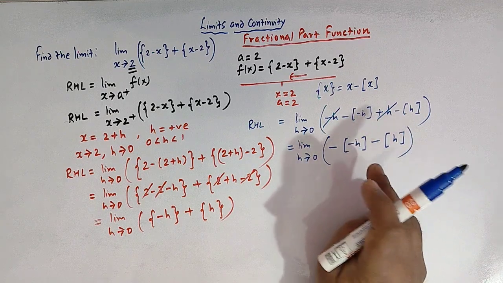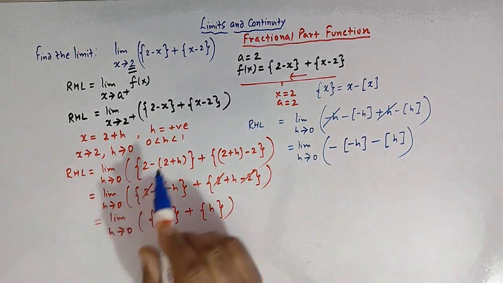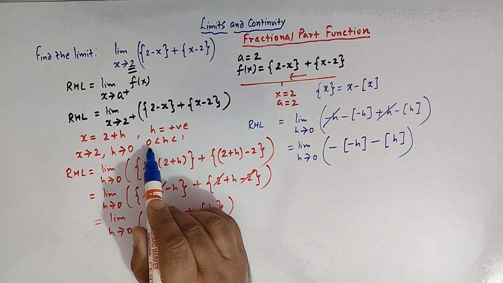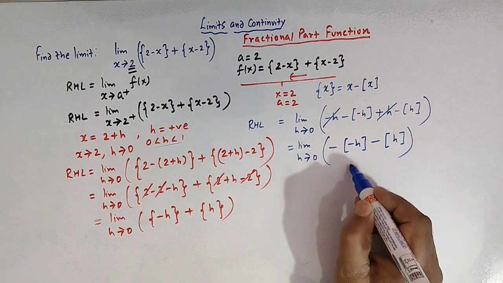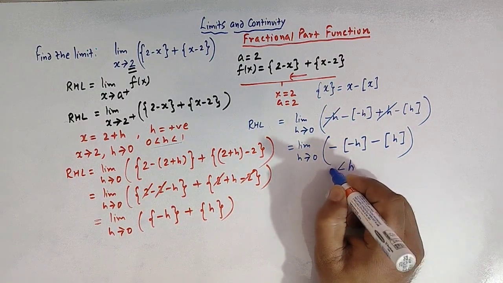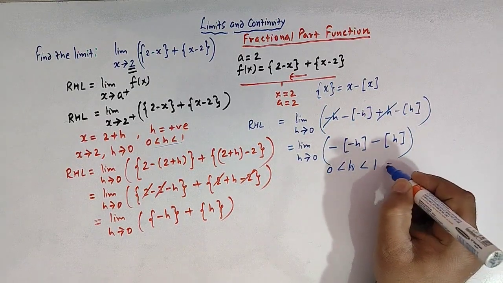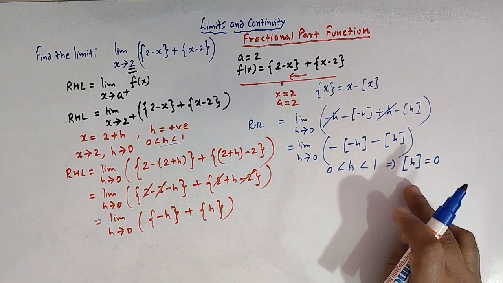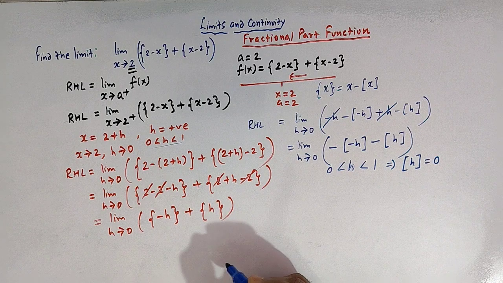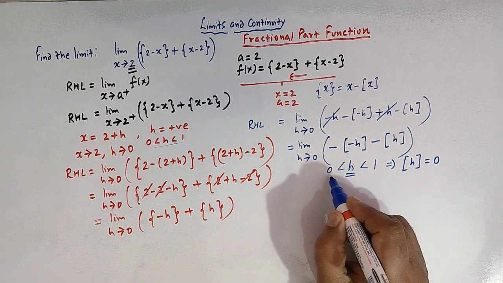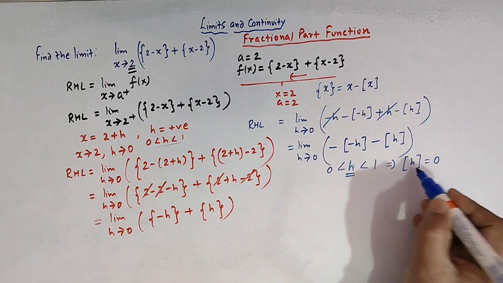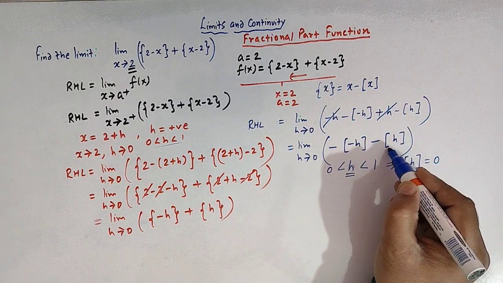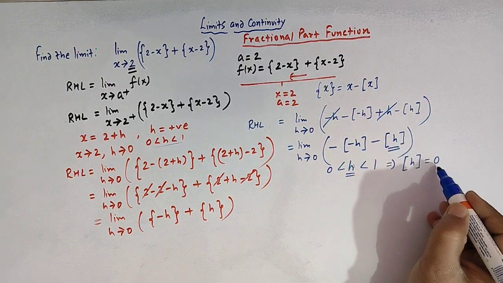So what we will do here, we'll make use of the definition of this quantity h, right? So now see, h lies between 0 and 1, right? So this implies that the greatest integer of h must be equal to 0 by definition of greatest integer function, right? Because h is a very small quantity and it lies between 0 and 1. So the greatest integer of h must be equal to 0, right?